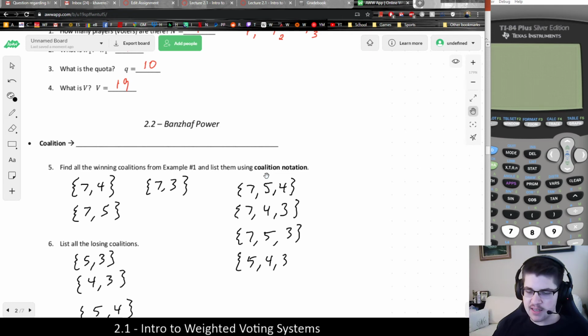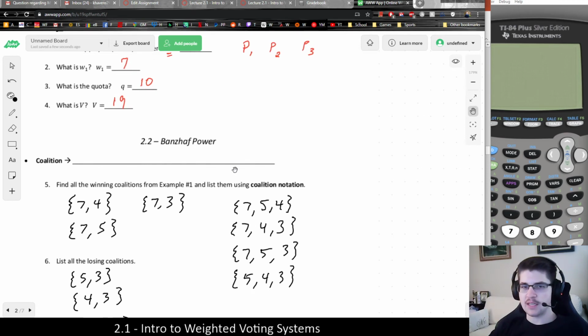And actually, notice that in this case, each of the coalitions with 3 players are all winning coalitions, because the weights of those definitely exceed 10 in all combinations. And if you're wondering how would I know that there's going to be 4, there's certain math that goes into this that we're not going to get too deeply into because I don't think it's necessarily worth it.